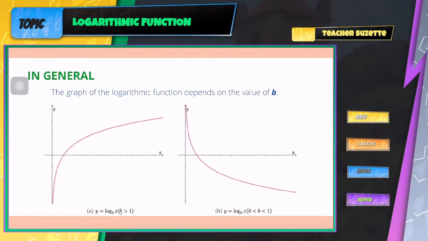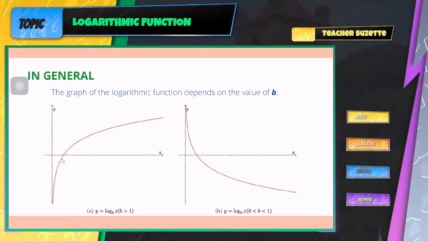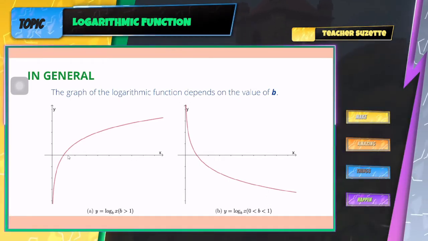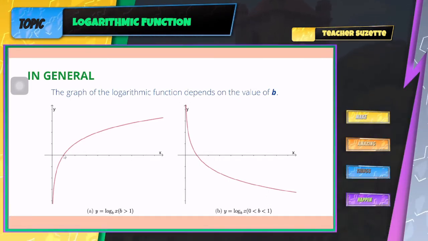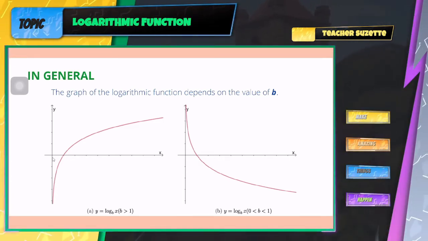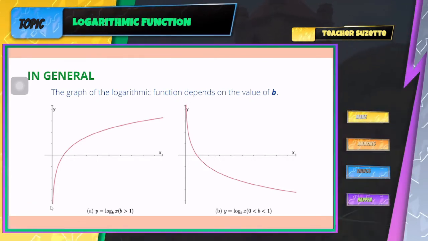So in general po, we can conclude that the graph of a logarithmic function depends on the value of our base. If our base is greater than 1, ganito daw po ang magiging itsura niyan. As our x increases, or approaches positive infinity, our y also increases, while when our x decreases, our y also decreases, approaching our vertical asymptote, which is x equals 0.